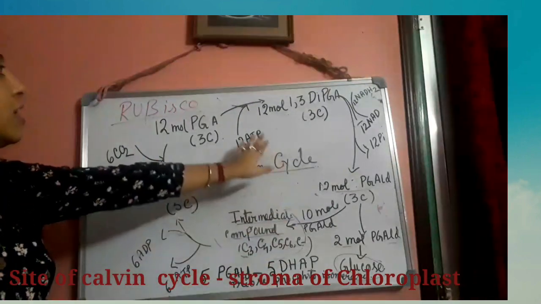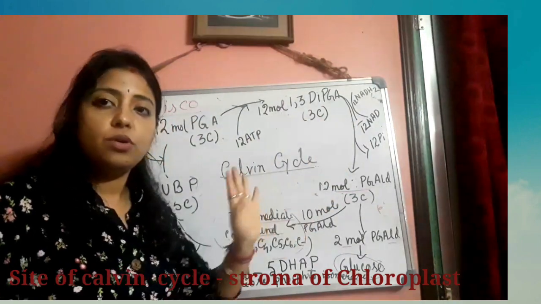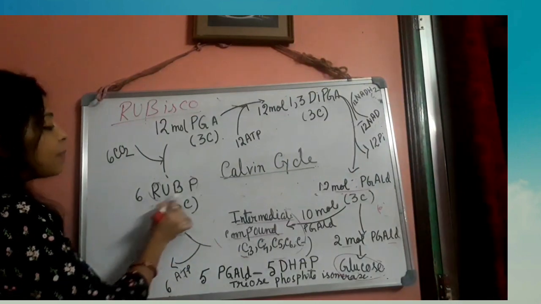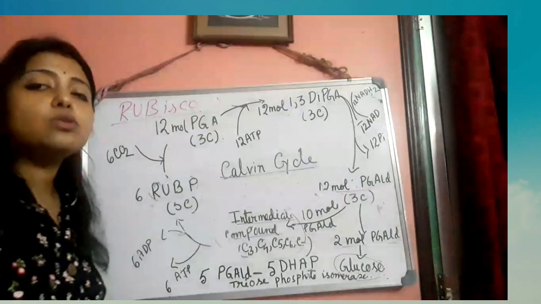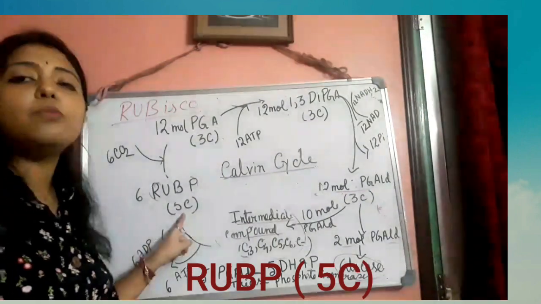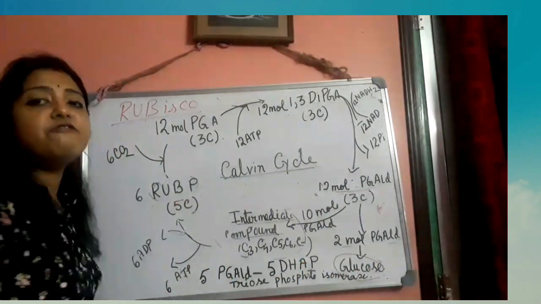What are they? First one is ATP and second one is NADH2. Okay, and here the first substrate needed is RUBP, ribulose 1,5 bisphosphate, where the number of carbon is 5.